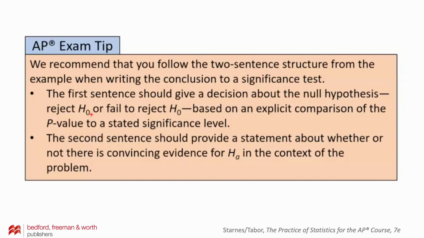Are we rejecting the null or failing to reject? Make sure to state the p-value in comparison to the significance level. Is it greater than, or is it less than or equal to? And the second sentence should provide a statement about whether or not there's convincing evidence for the alternative in context of the problem. So this is 2 sentences that you have to write for this.